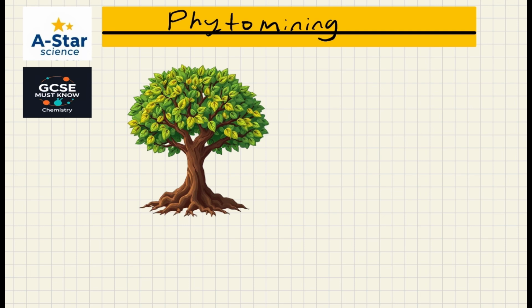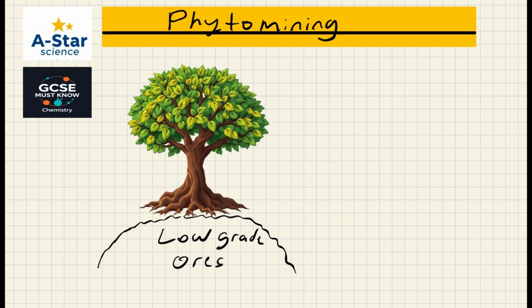So what they do basically is grow plants on top of the soil or the areas which contain the low grade ores. You see my image of a tree that's going to grow onto those low grade ores. And as a result, the plant is going to take up minerals. As we know, plants contain a lot of minerals that are very useful for us even in our health, like iron and copper, all these things can be taken up by plants.